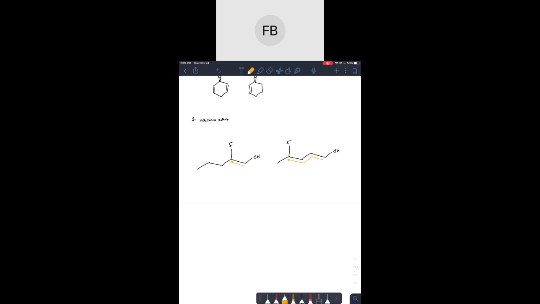In this case, the F is going to step up and absorb some of that negative charge when the hydrogen leaves. So you can think of this one as being more acidic because it has a higher inductive effect.